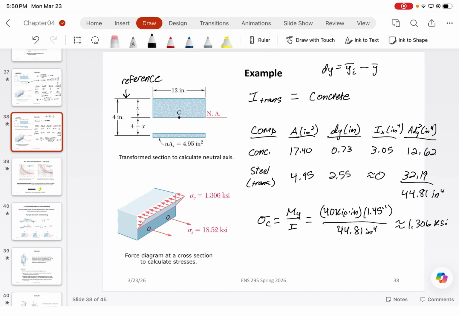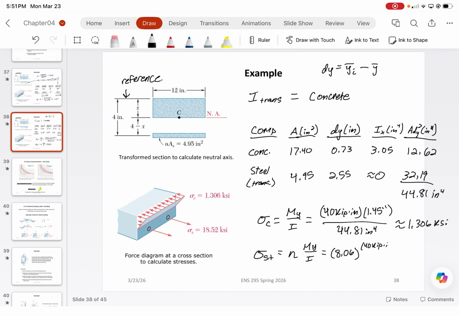Now for the stress in the steel, we need to transform that material now to steel. So we need to have that term n. We multiply it then by My over I. So it's going to equal 8.06. The bending moment is 40 kip inches.